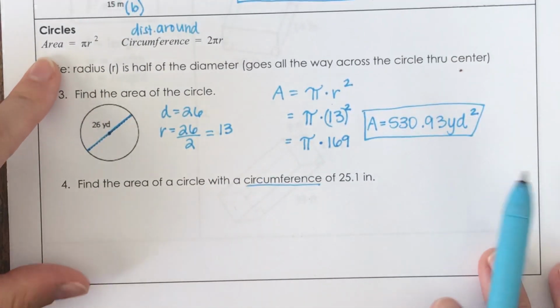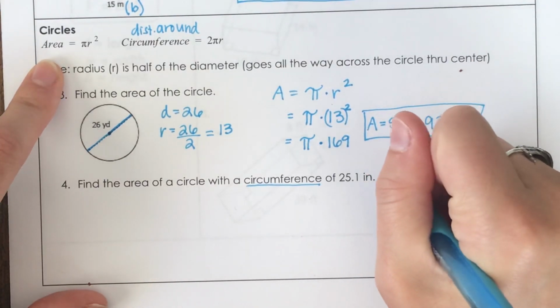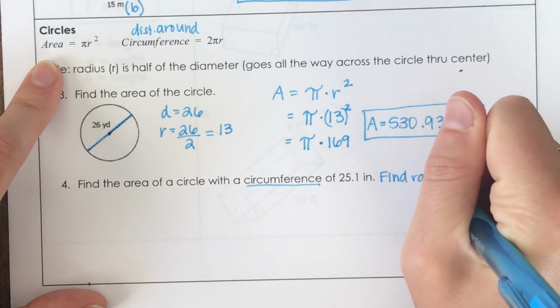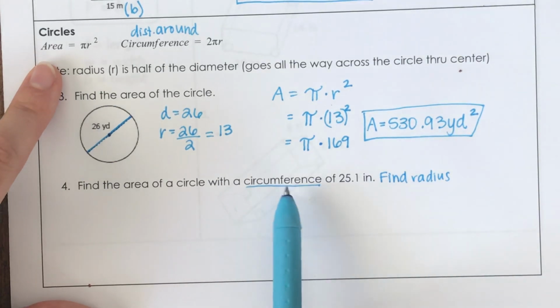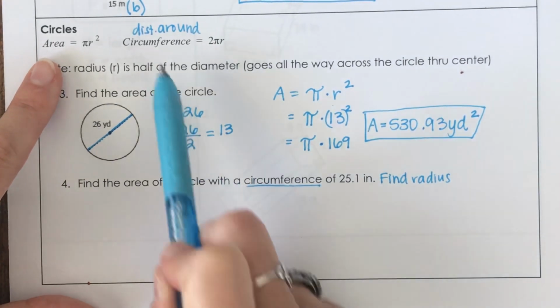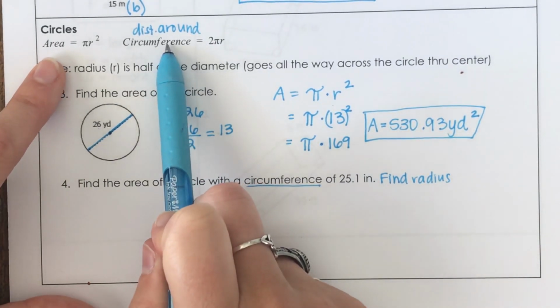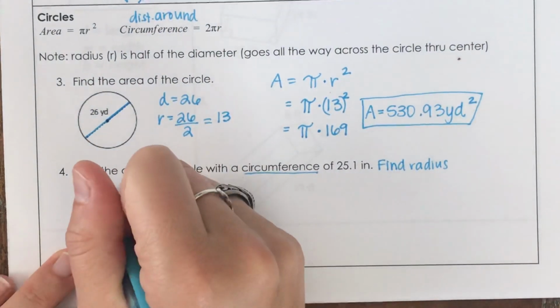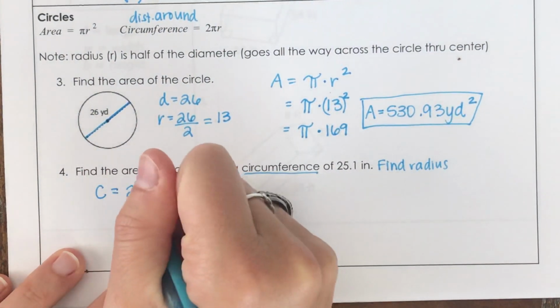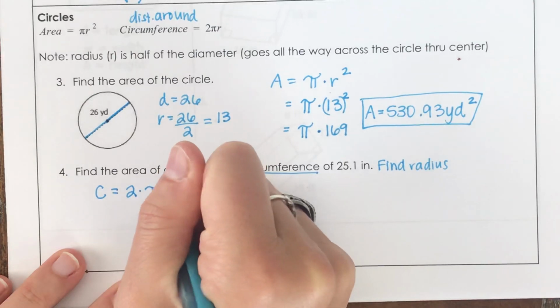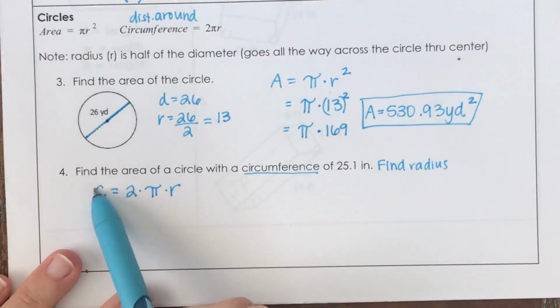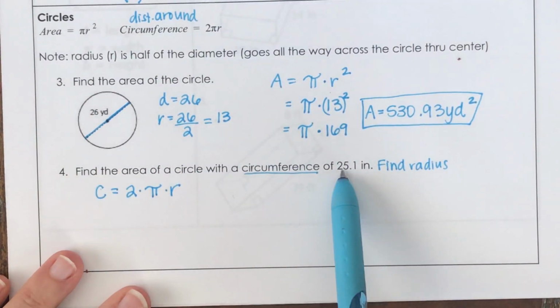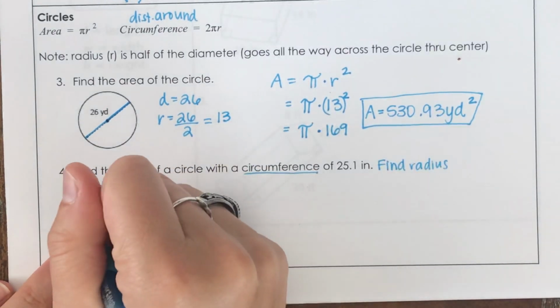So in order to do this problem, I have to find my radius. Okay, so I know circumference already. I also know the equation for circumference. So that equation is circumference equals 2 times pi times r. Now, instead of circumference, I'm going to plug in the number I know, 25.1.